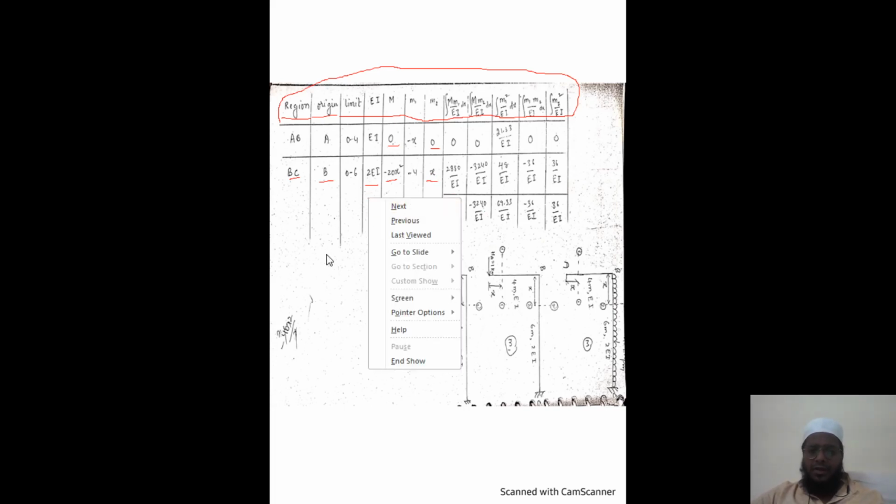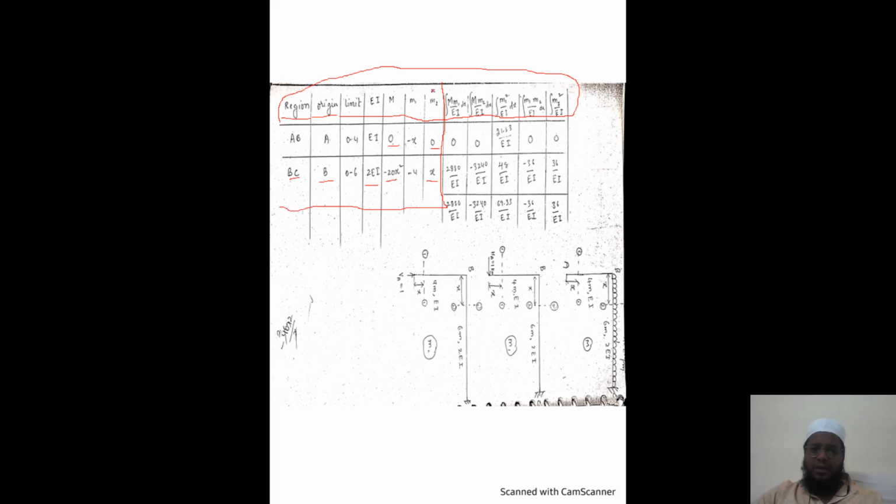As soon as we get all these values, this part is very important. If you calculate this part very carefully, without any major mistakes, then the entire remaining part, as I'm telling you again and again, will be taken care of by your calculator only.